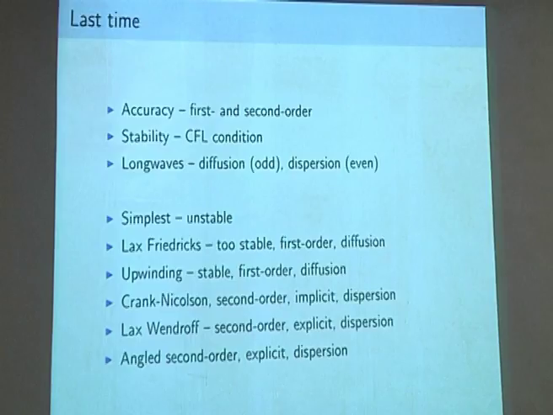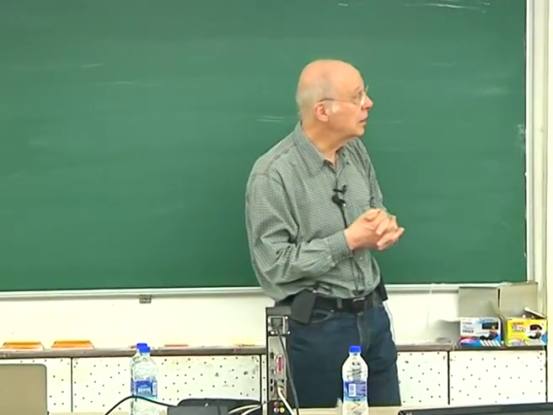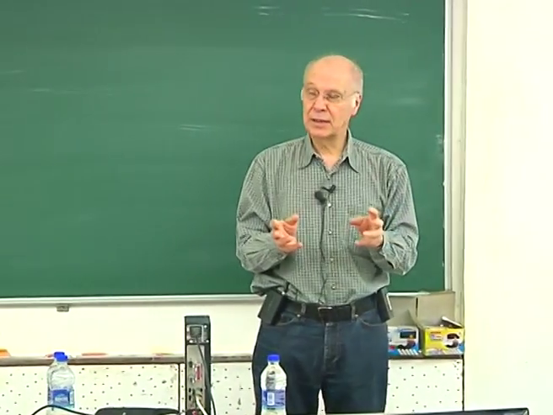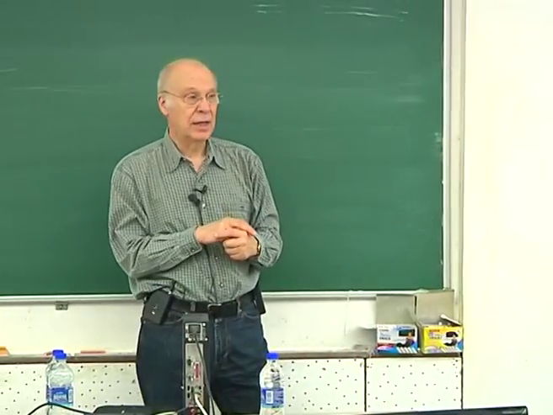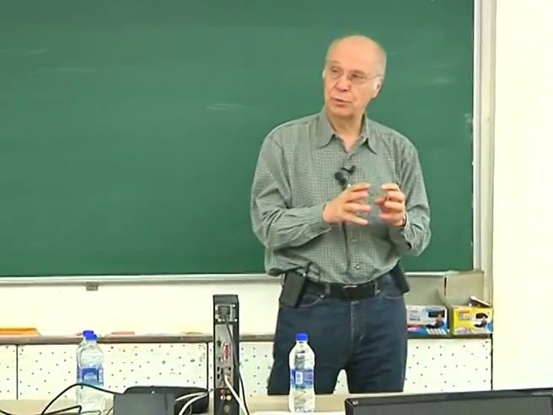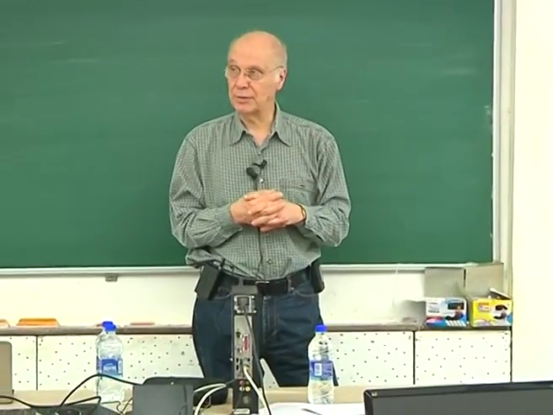And then also we make a long wave analysis, assuming that the solution is varying slowly between the grid points, to find out what is the nature of the numerical error. And we find there is an artificial numerical diffusion or an artificial numerical dispersion.